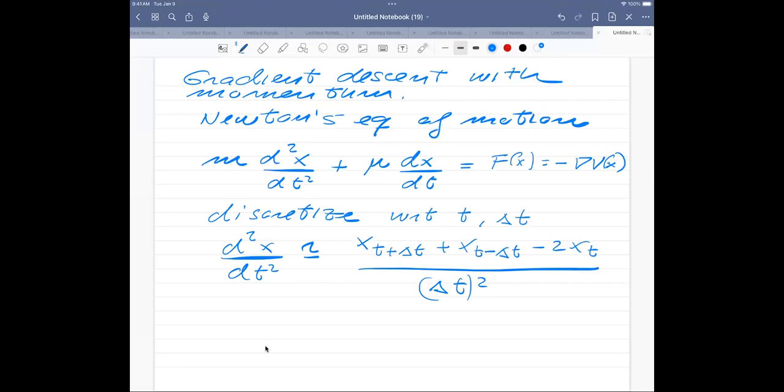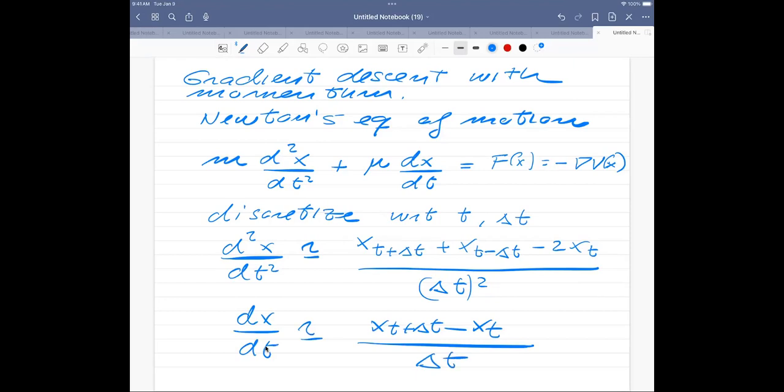You may remember that perhaps. So Taylor expansions pop up everywhere. And then you can discretize, if you use a forward Euler, the first derivative, dx dt, and that's going to be given by x of t plus delta t minus x of t divided by delta t. So this is just a forward algorithm.